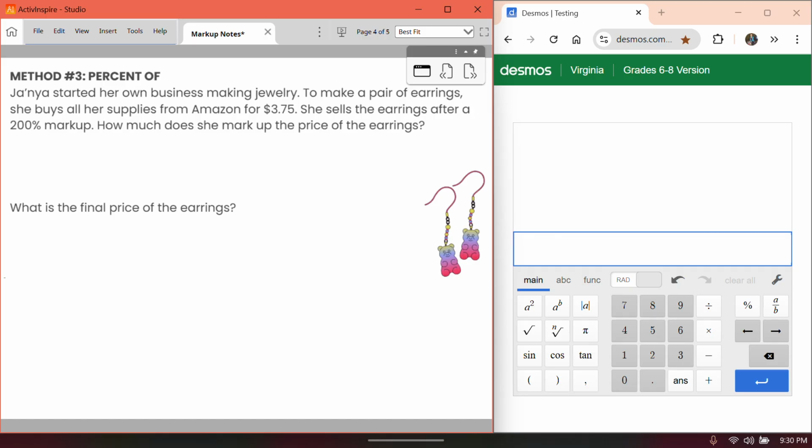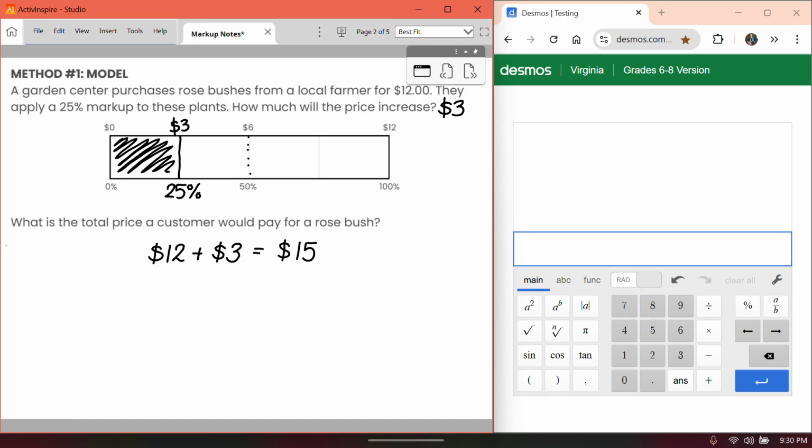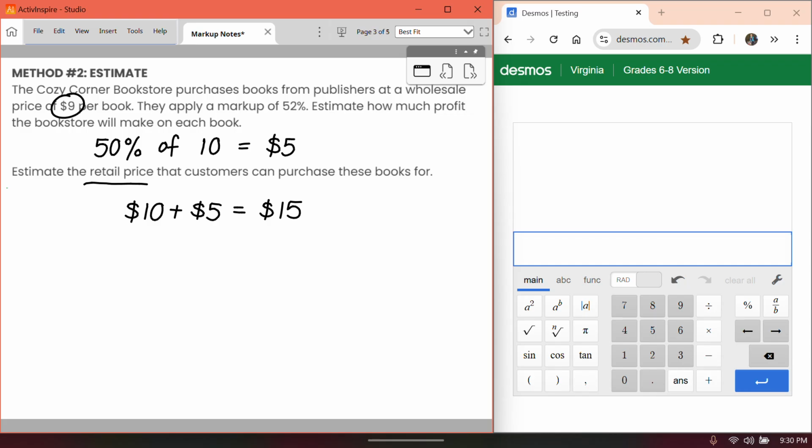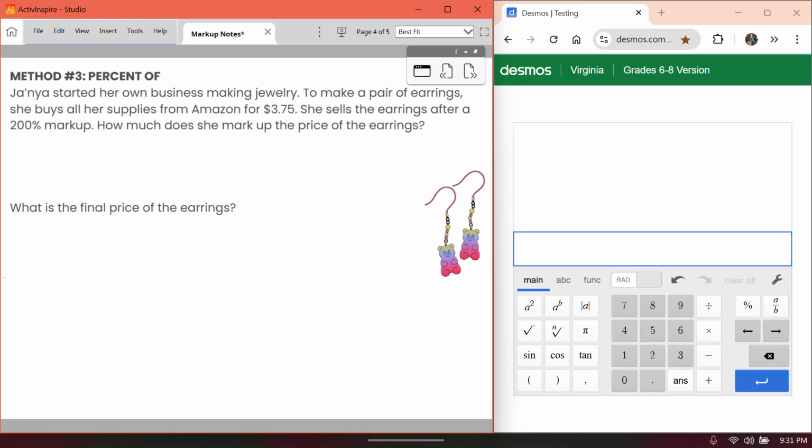Now, this is a really good example because in real life, most stores are not marking something up 25% or even 52%. They're usually going way over 100%. And if you go over 100% markup, it just means it's going to more than double the price. So these earrings are going to go up in price a significant amount.